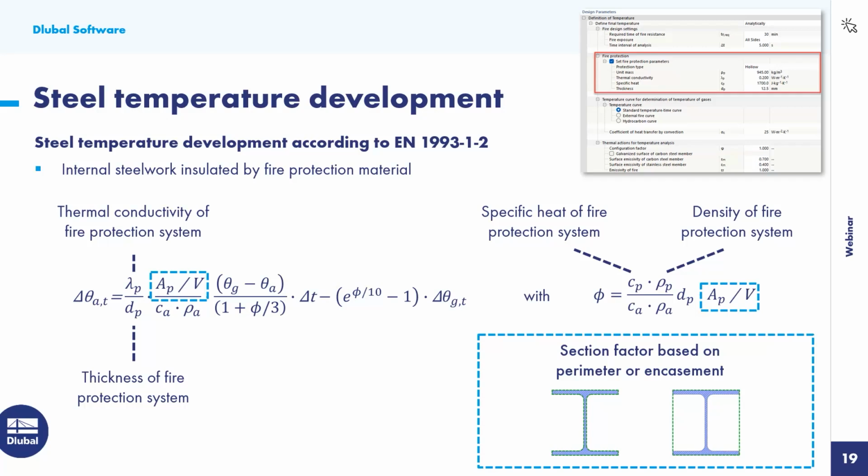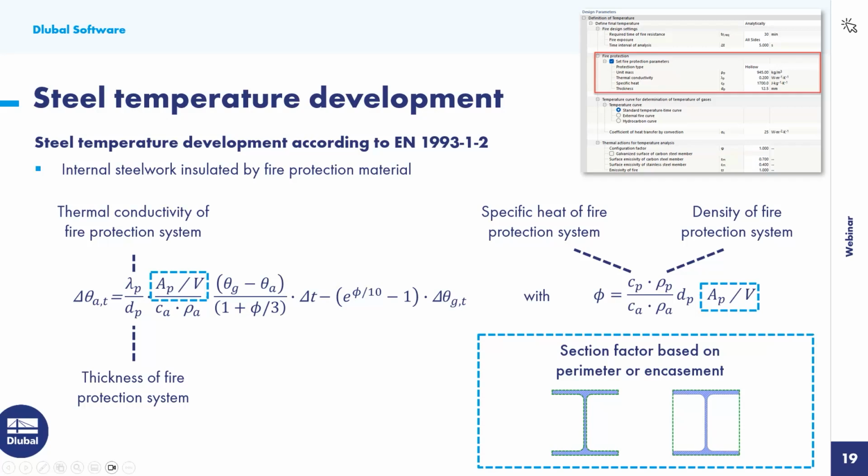I have to calculate the section factor accordingly, either using the perimeter of the section, or the hollow encasement, or a fictitious encasement of this section as shown here on the lower right side of this figure. So those conventional fire protection systems can be easily considered in our program as well.